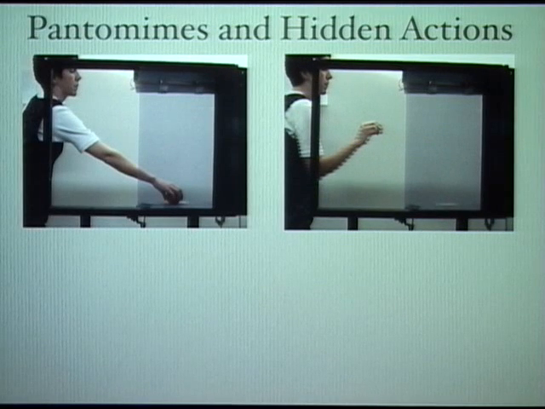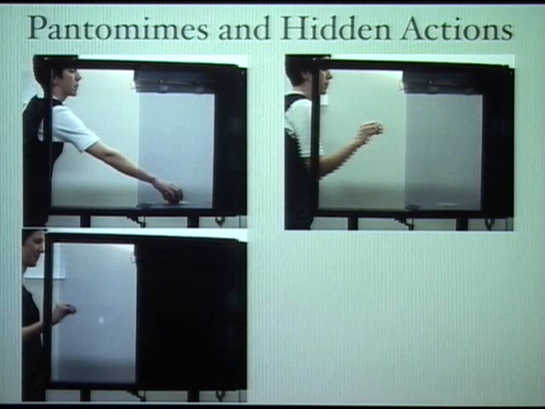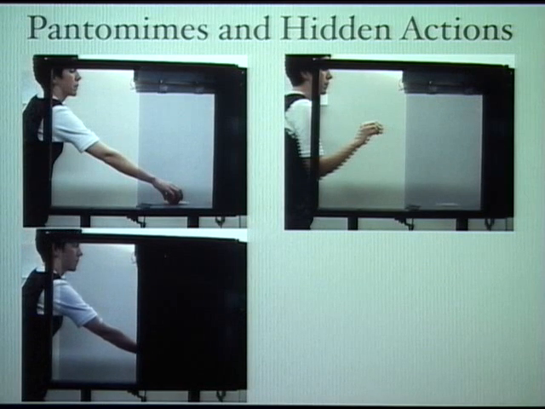Now, what happens if the monkey sees that there is an object here on the table, and then a screen slides in and covers the sight of the object, and then the human experimenter reaches behind the screen? The question is, is the mirror neuron going to fire? So the cell in this case fires even though the completion of the action is not observed.